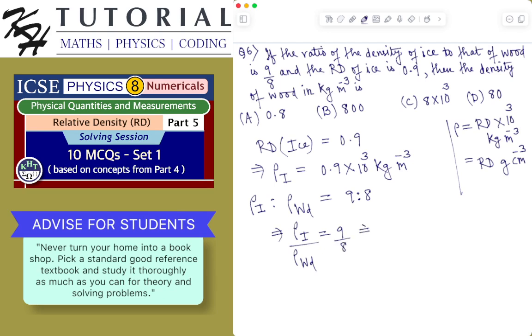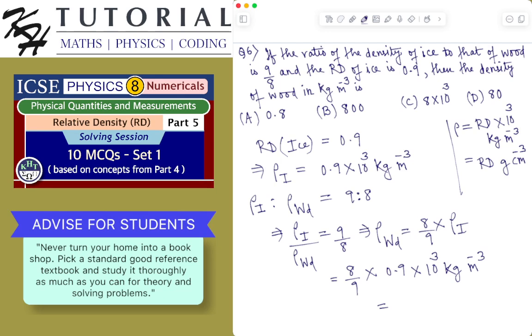So this implies rho WD, that is the density of wood, will be equal to 8/9 multiplied by rho I. This is equal to 8/9, and the density of ice we have found to be 0.9 multiplied by 10 to the power 3 kilogram per meter cube.